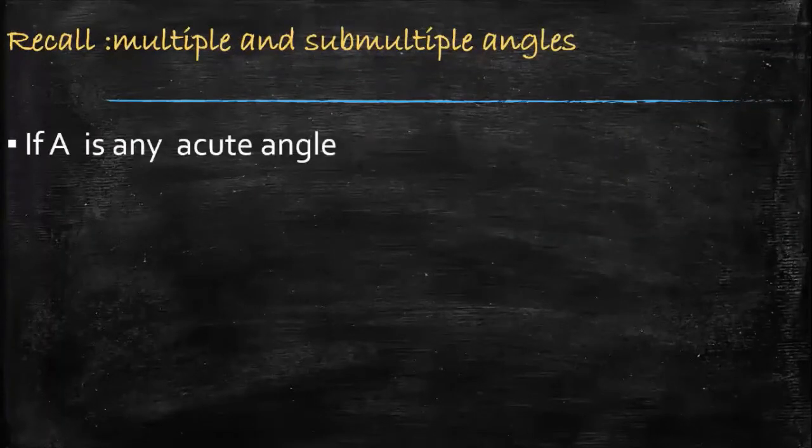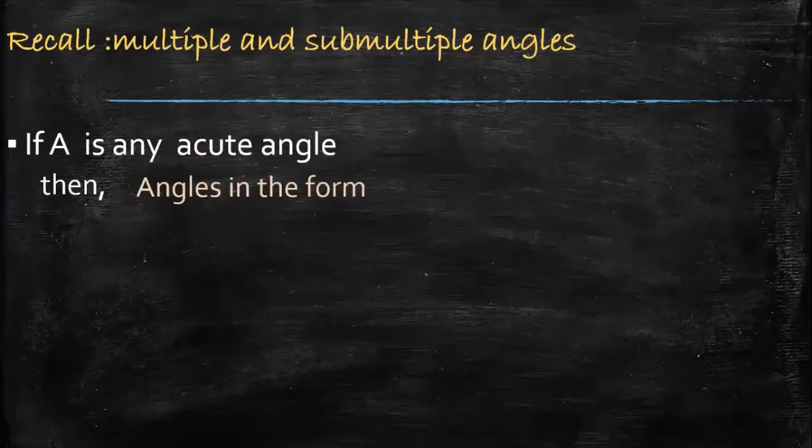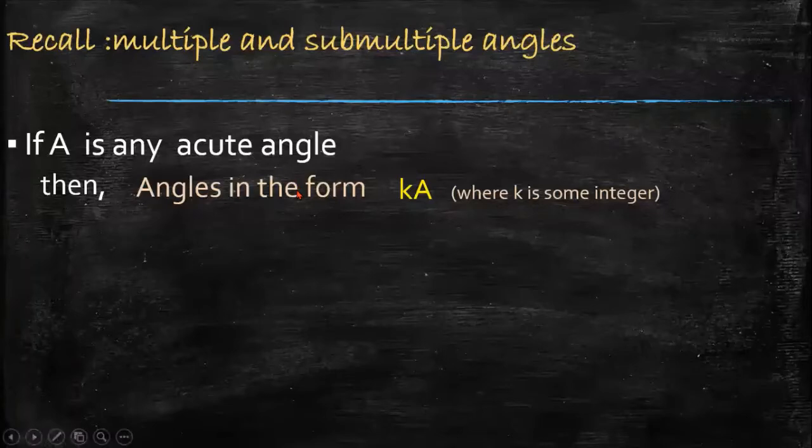Multiple and submultiple angles. If A is any acute angle, then an angle in the form K into A, a multiple of A, can be a fractional multiple or an integer multiple. The angle should be in this form, K into A. Those kinds of angles are called multiple or submultiple angles.